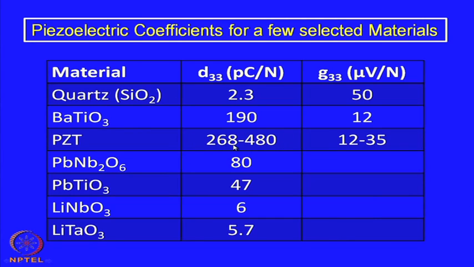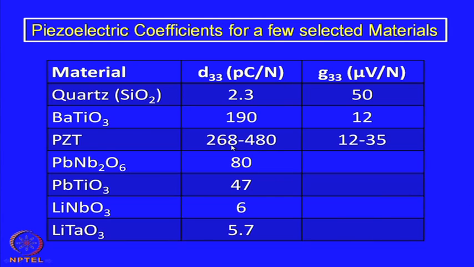It can vary with composition, with the kind of impurities it contains, and additional dopants you add. Although we are just talking about PZT here, actually it has many variations, and the composition may vary in different percentages of lead zirconate and lead titanate, and also one can add different intentional impurities.